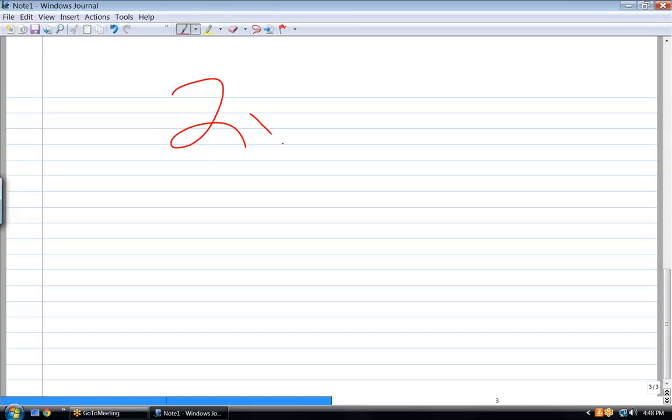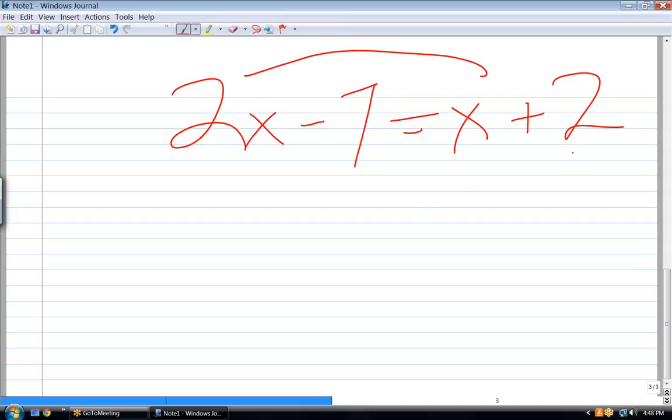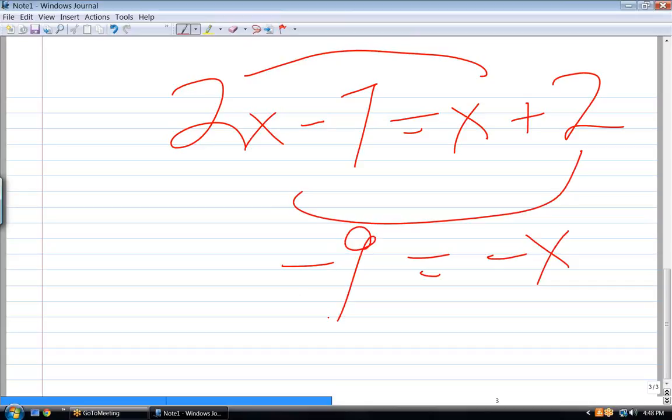Yeah. In other words, if I had something like this, let me rewrite this. I'm never going to move my 2x to that side and my 2 over there. That's going to give me minus x equals minus 9, unnecessarily too many negative signs.